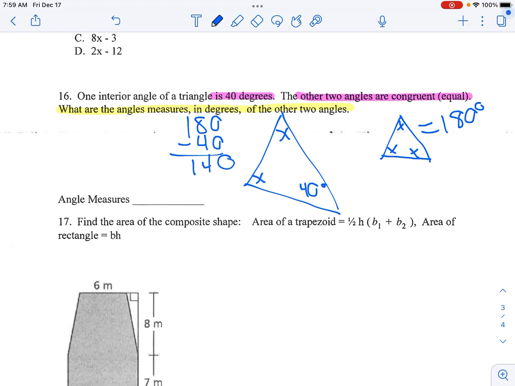So you know you've got 140 degrees to split between those two angles. So you would then divide 140 by 2. 2 times 7 is 14, and that would be 0. So the angle measures of the other two angles would have to be 70 degrees.